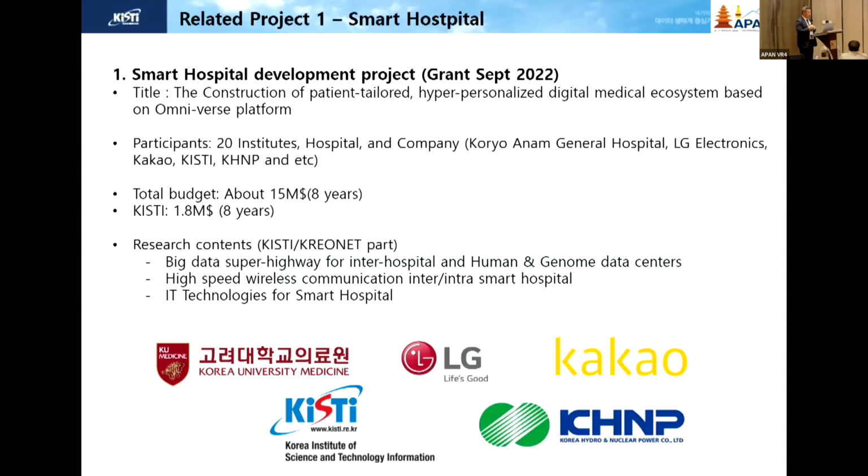The first one is a smart hospital development project awarded in September 2022. The title is the construction of the patient-tailored hyper-personalized digital medical ecosystem based on the Omniverse platform. The start of this project would be April or May 2023.